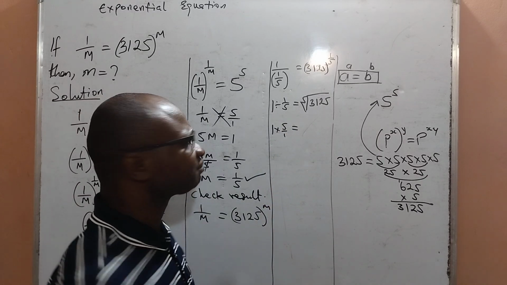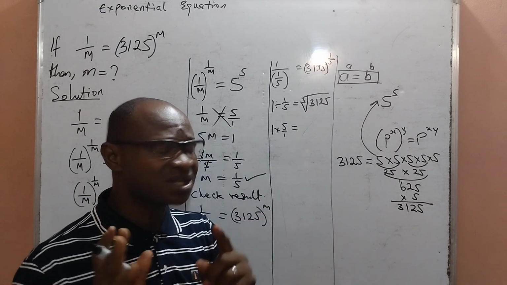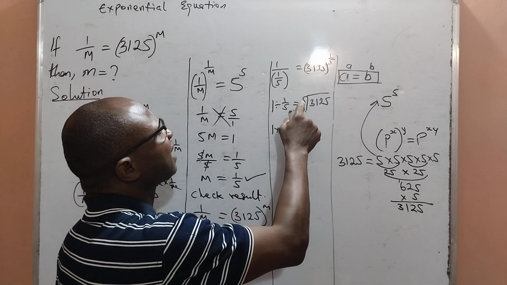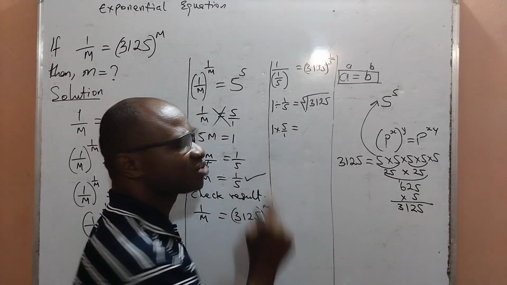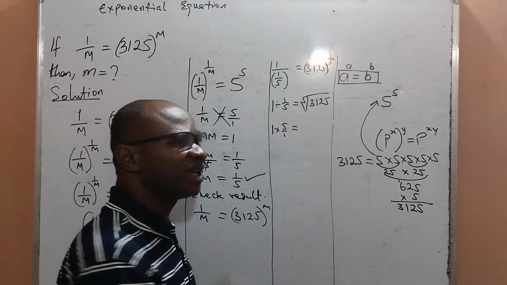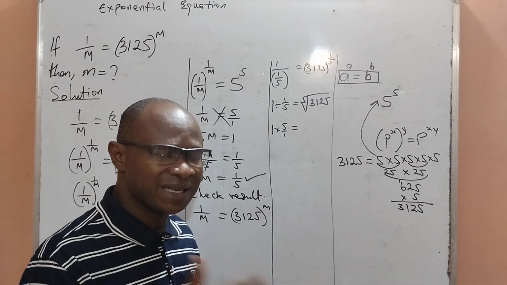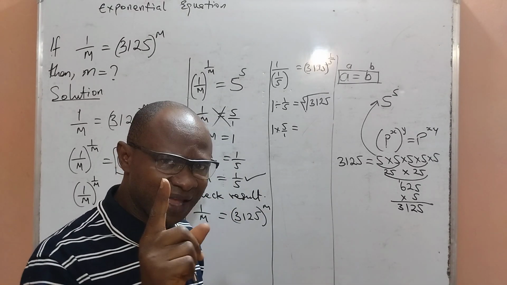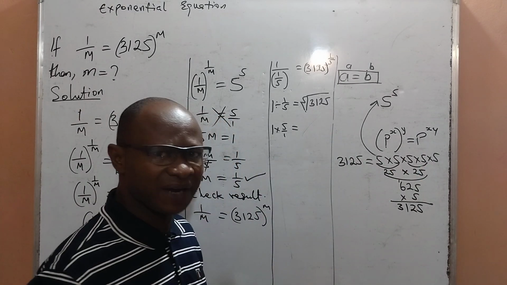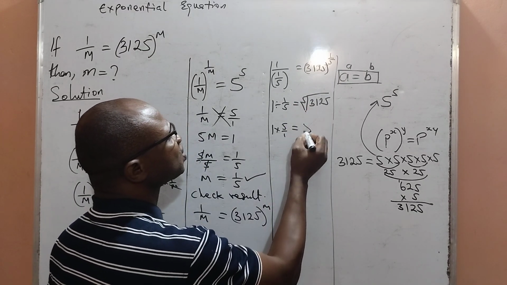The fifth root of 3125 means looking for a number that I will multiply itself 5 times to get 3125. And you can see practically that we have done it here. So therefore, the fifth root of 3125 is equal to 5.